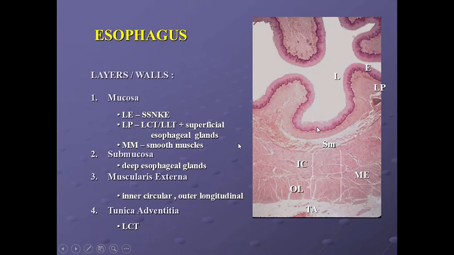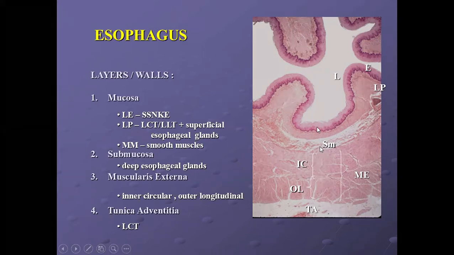And then you have your muscularis mucosa, which is smooth muscle. In the submucosa you find your deep esophageal glands.